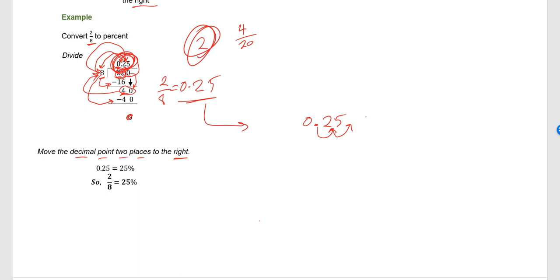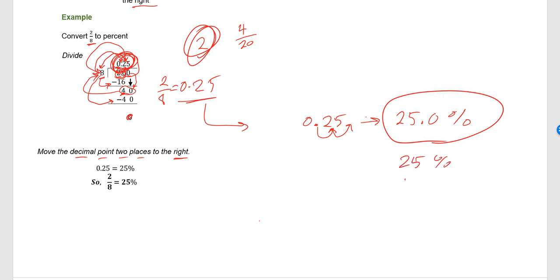So this is going to be 25 point, you could say 0.0, or you could just leave it at 25. And then add the percent sign. So 25% or 25.0%. All this is the same. So 2/8, the fraction, is equivalent to 25%. 2 out of 8 is 25%.